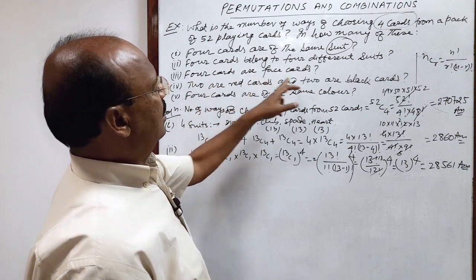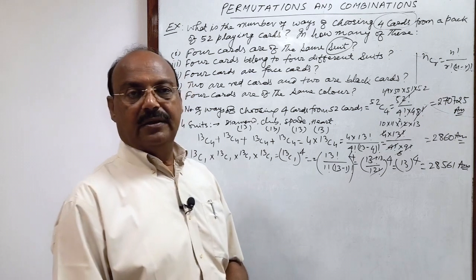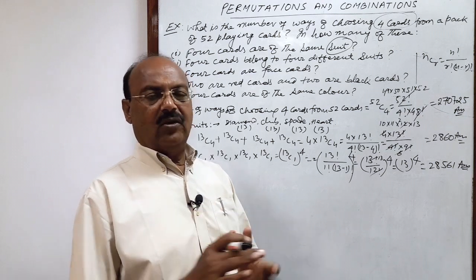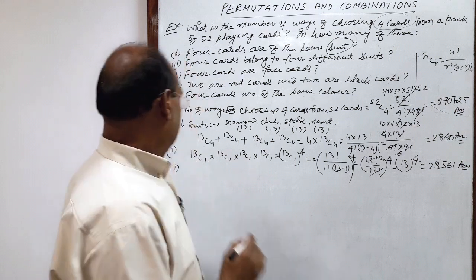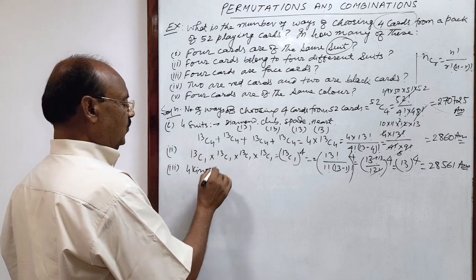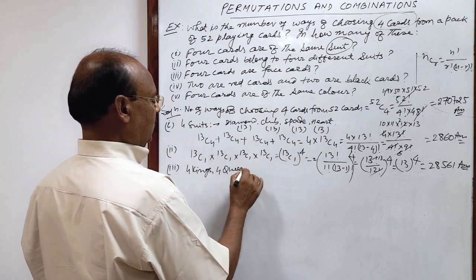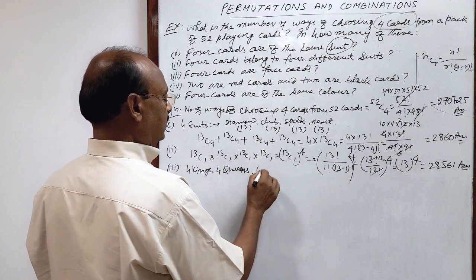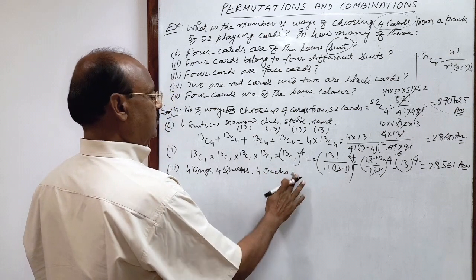4 cards are face cards. So we should know what face cards are. When you see a pack of 52 playing cards, you can observe that there are 4 kings, 4 queens and 4 jacks.